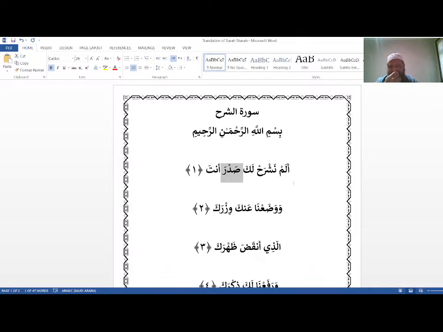So mudaf ilayh is in halatul jar. So we need to know the damir of halatul jar. This damir is halatul rafa. We can say sadru anta just to understand. It's not going to be correct. Just to understand, your chest. Sadr anta, your chest. But anta is in halatul rafa.